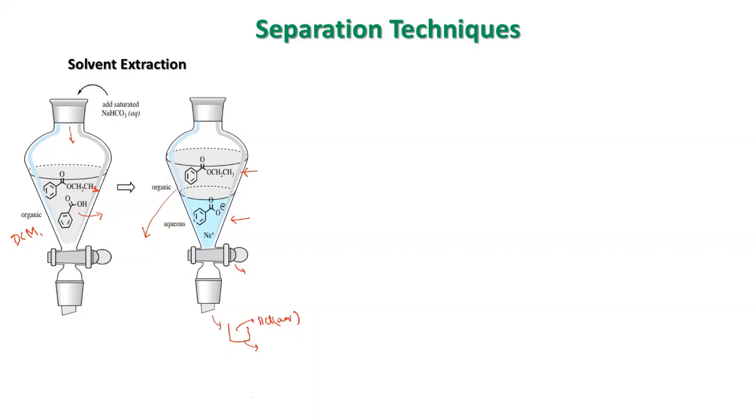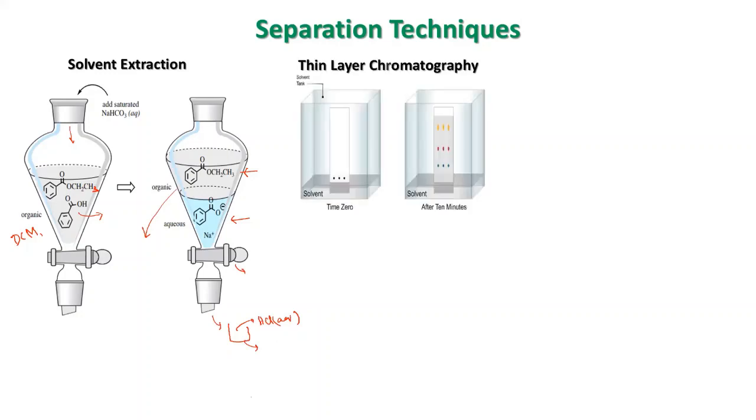But we have some other simplified technique, which we have learned, known as thin layer chromatography. This technique is a nice one, so you can easily identify how many different types of molecules you have in your mixture.